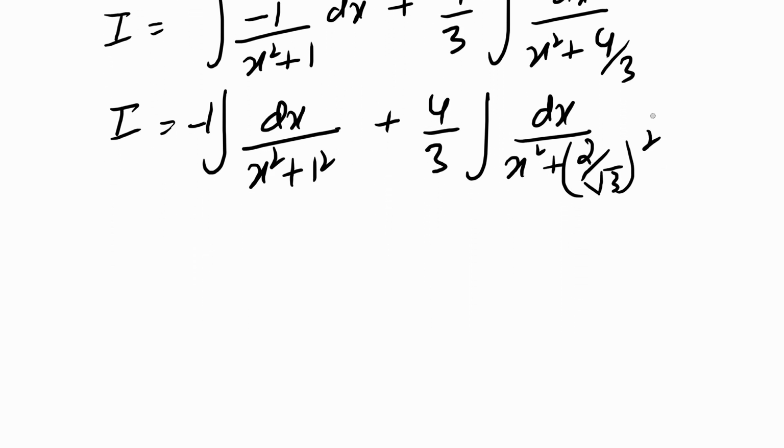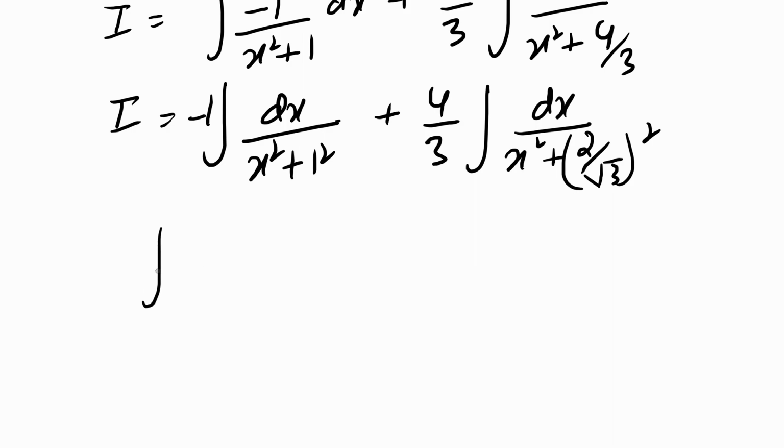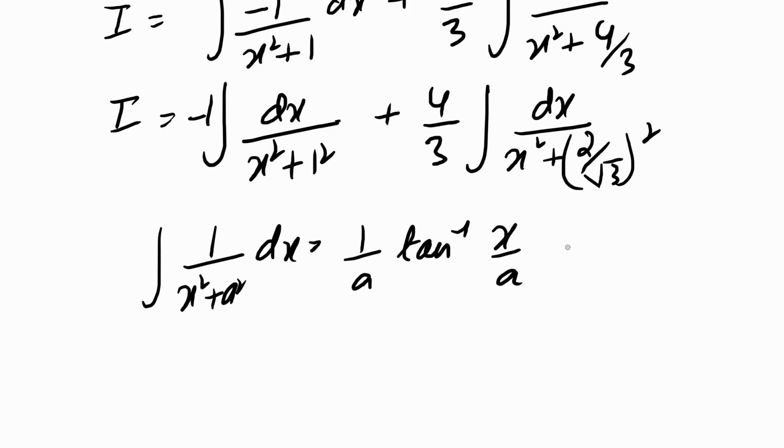We can use the formula 1 upon x square plus a square dx is equal to 1 upon a tan inverse x by a plus c.